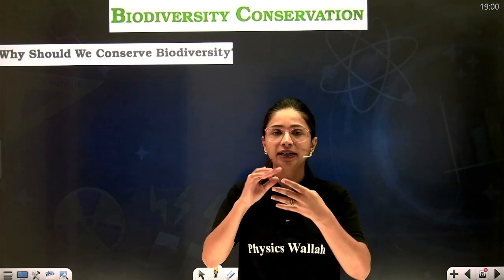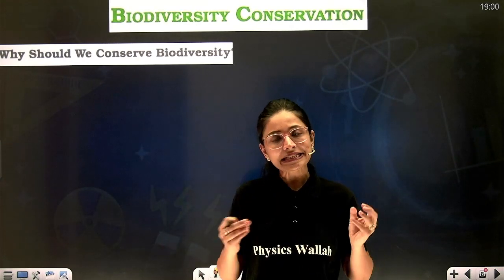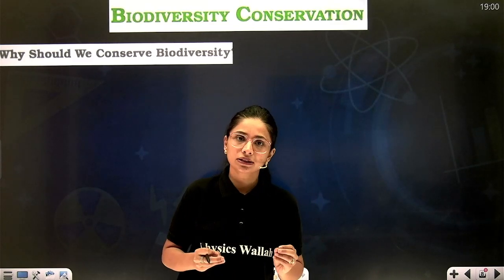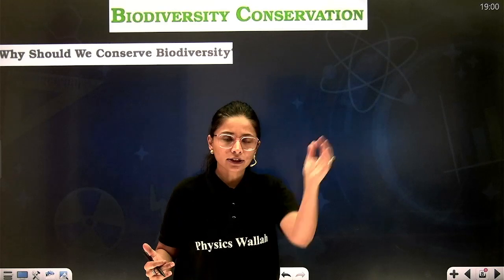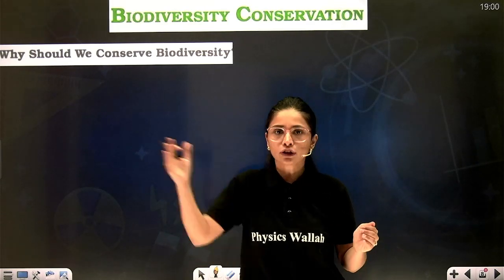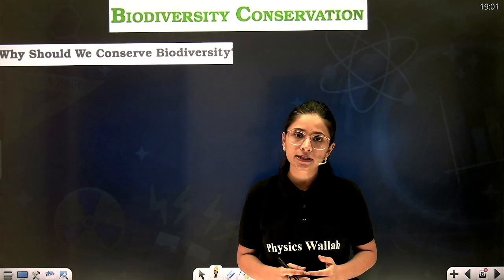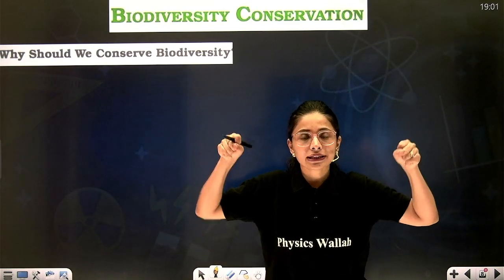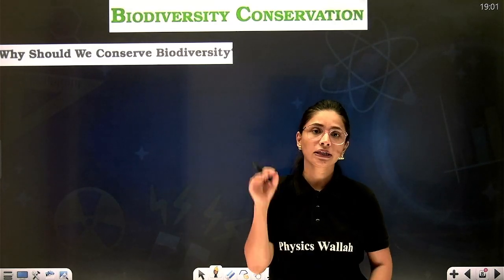You know that habitat loss and fragmentation, population explosion, overexploitation, these are certain reasons for biodiversity loss. Then you should control these factors now. Let not habitat loss take place. Let not population grow tremendously. Let not alien species invasion take place. So if we control all these things, then automatically we will conserve our biodiversity.